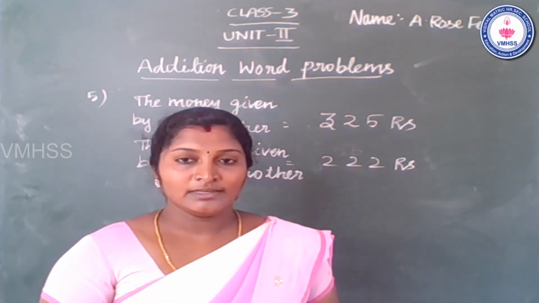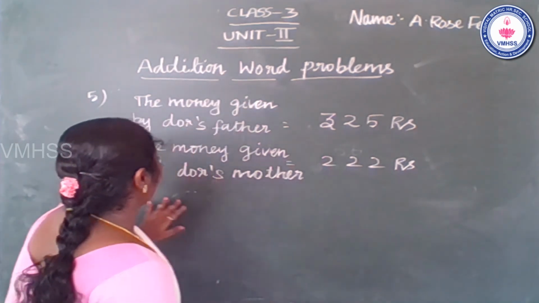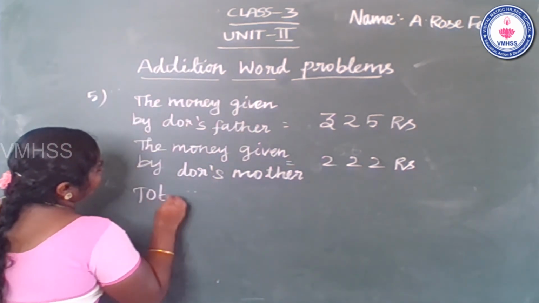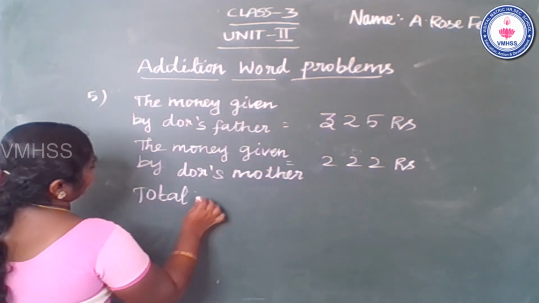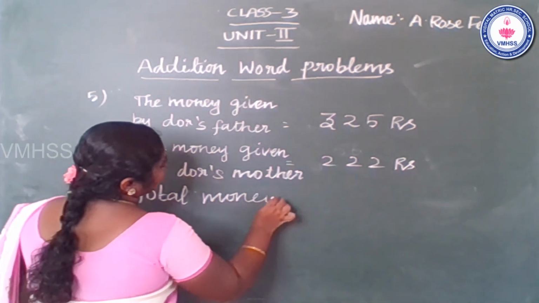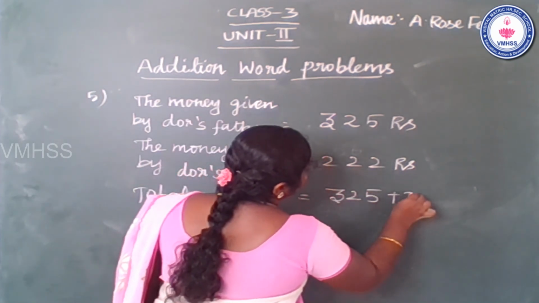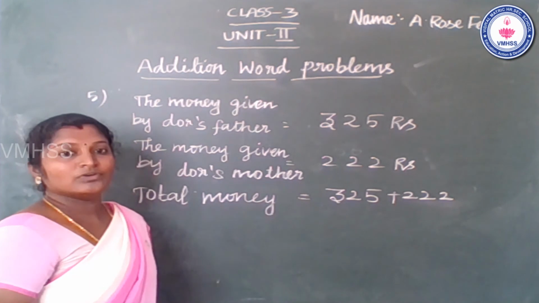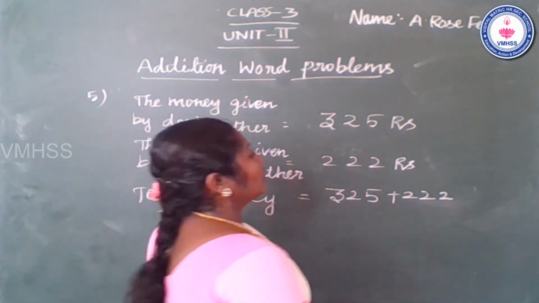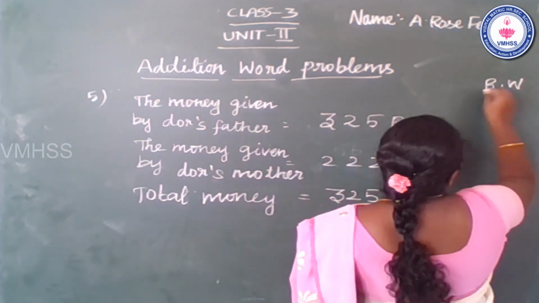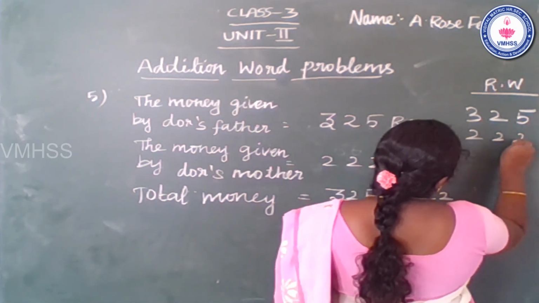She have means, how much does she have? So how to calculate the total? The total number of money, total money: 325 plus 222. Use the rough place. 325, 222.